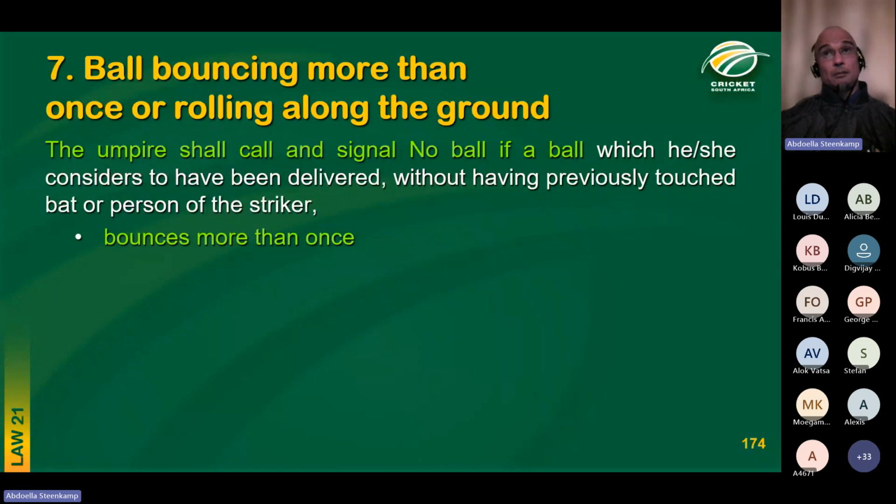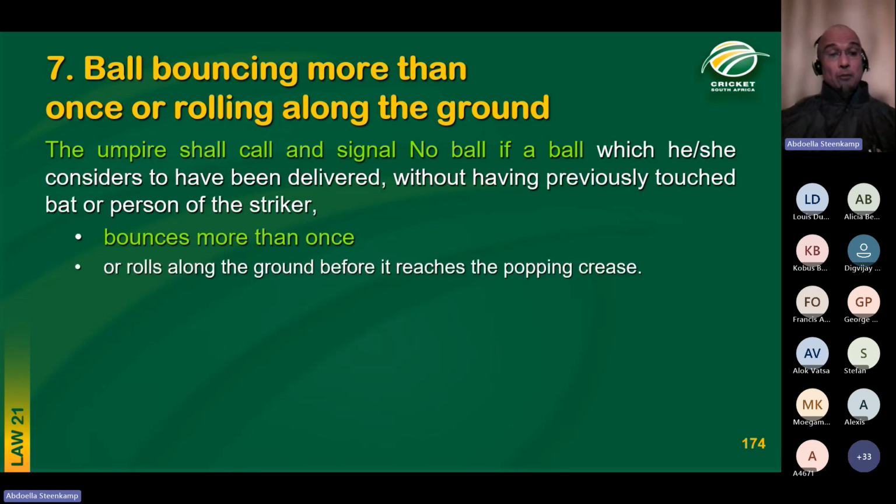Nothing stopping the bowler's end umpire, but the striker's end umpire would be in the best position to make that call, because from a side-on view, you would be in a better position to see if the ball bounces more than once or if the ball rolls along the ground before reaching the popping crease. So importantly here, the ball needs to bounce a second time before reaching the popping crease.